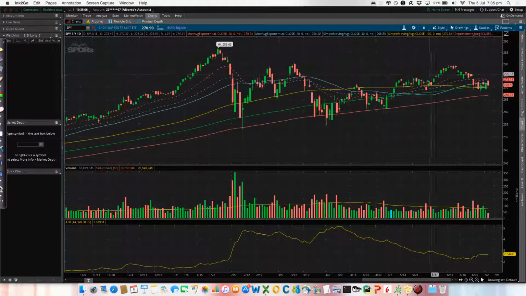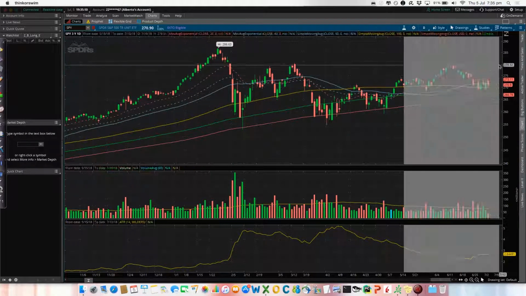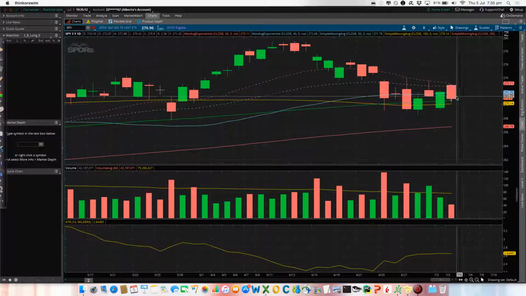You see recently what happened, the market is in a kind of consolidation. So let's check what happened here. The 20 is above the 40, okay, but the price is below the 20 exponential moving average, and the price is also below the 50 moving average.